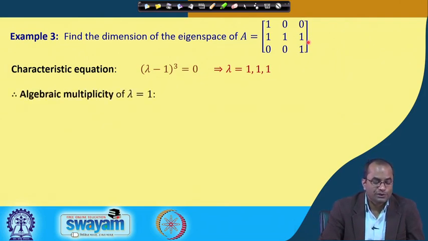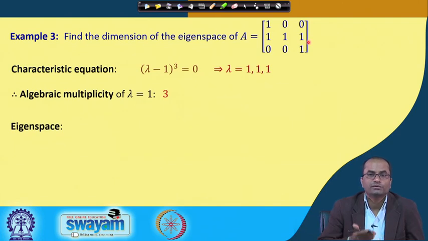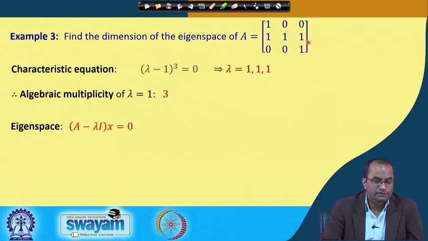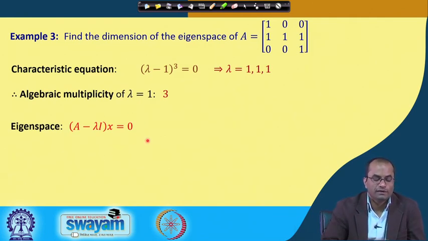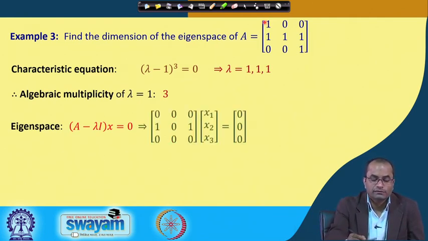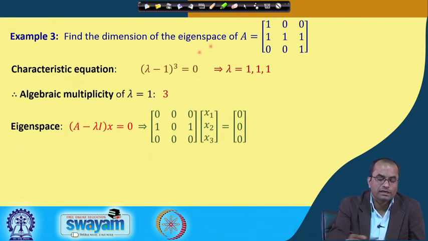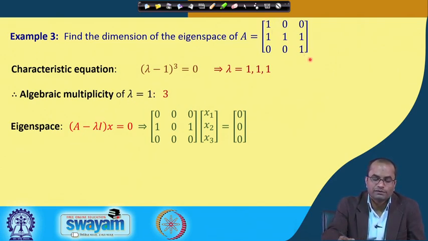When we compute the eigenspace here, meaning we have to compute the eigenvectors, we use the equation (A minus lambda I) x equal to 0. What will happen in this case is that when we subtract 1 from the diagonal entries, the diagonals will also be 0, and we have a very simple example.